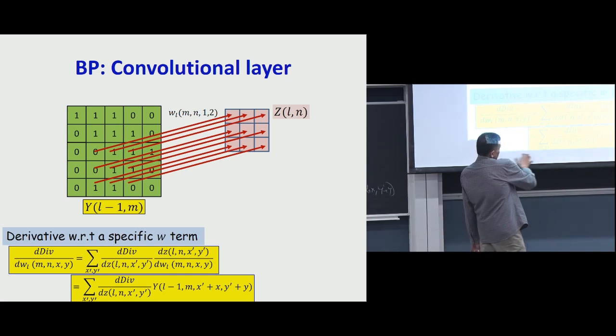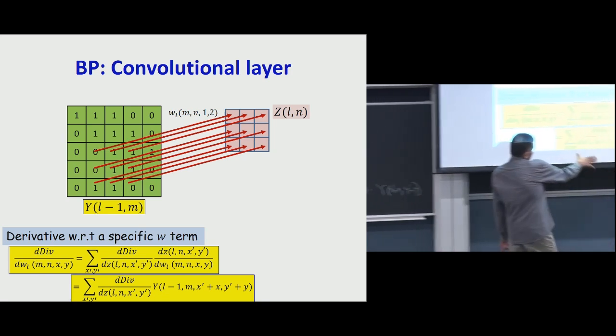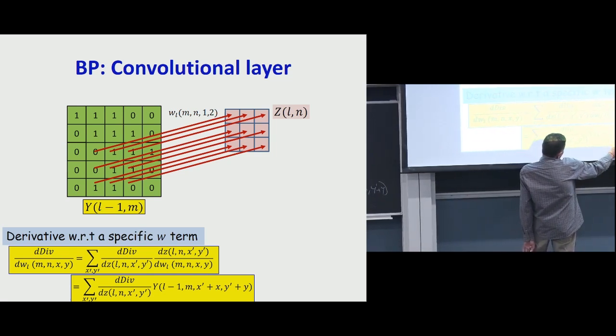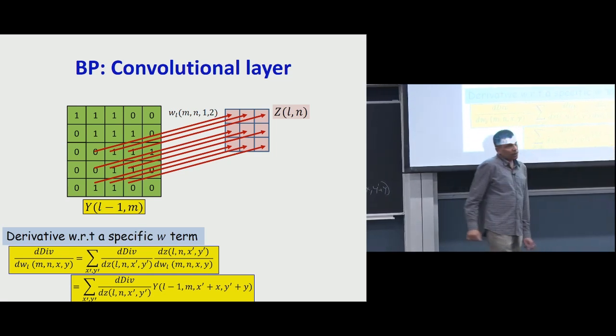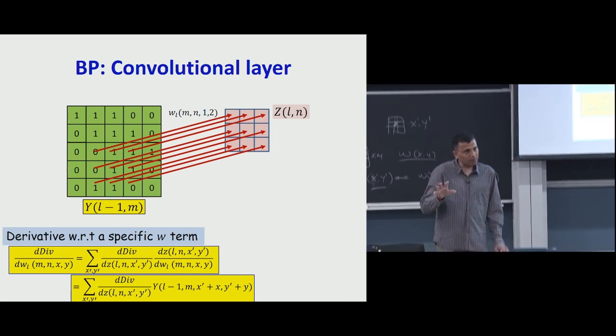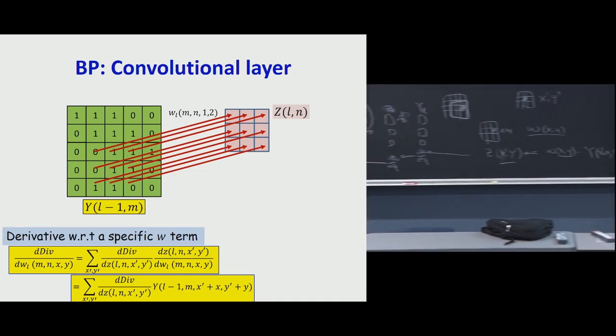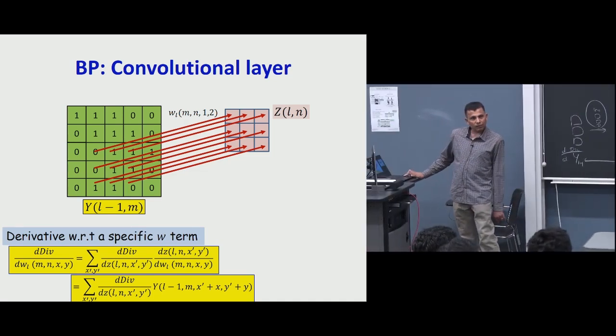Again, you're summing over everything. So the product term is looking at one particular contribution, right? The derivative of the divergence with respect to z times y at x prime plus x, y prime plus y. Make sense to everybody, right? So the arithmetic is straightforward. This particular one, the arithmetic is very, very straightforward. No big deal.